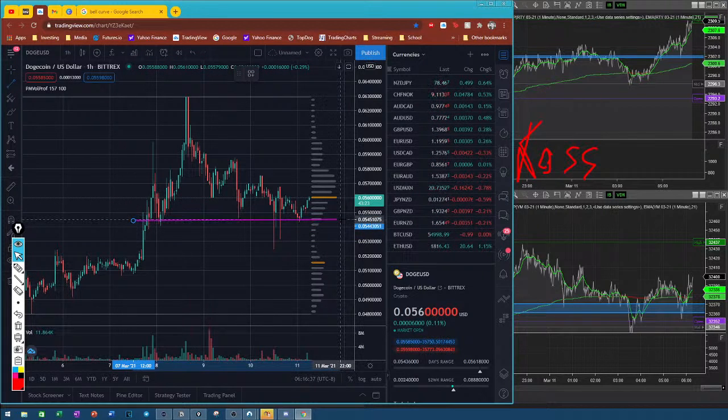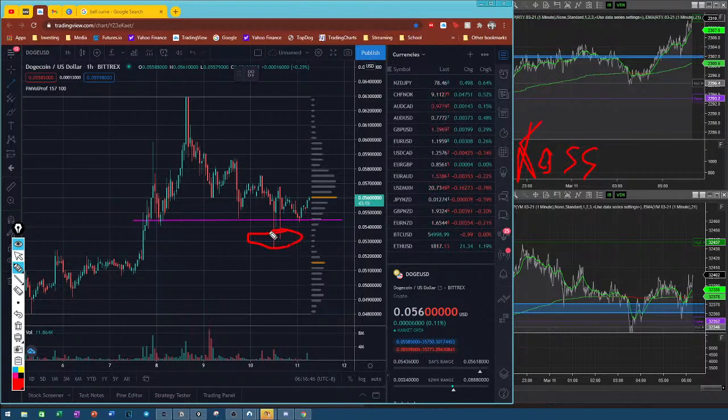So we have this support level, and you can see that we did test down in this area, and then we started making higher highs again, which I definitely like. So we do have a trend line kind of building from here.